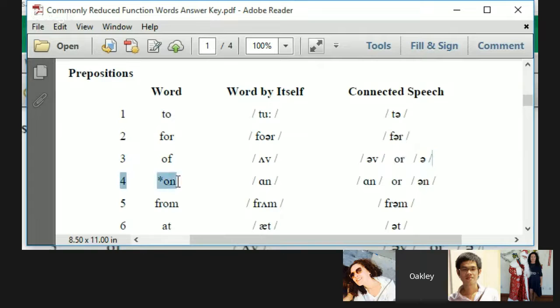Okay. Number 3. Of, in dictionary pronunciation. The only difference, look at the phonetic symbols here: the upside down V and the correct position.